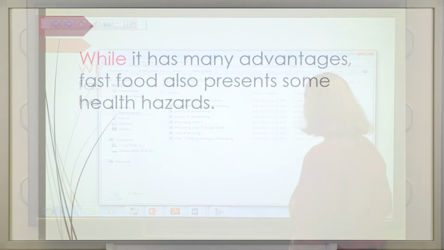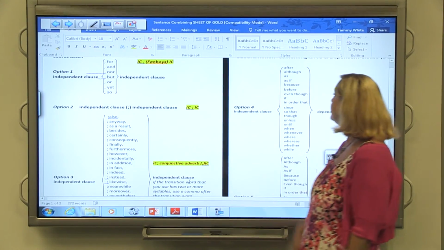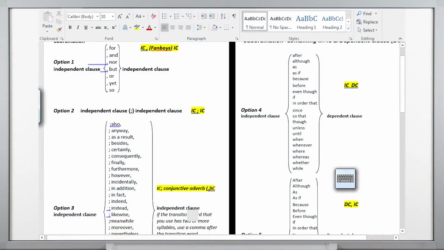So if we review, what we are going to see is if we use one of these dependent words, we are creating a dependent clause. We cannot have a sentence with a dependent clause by itself. We want an independent clause and a dependent clause. If that dependent word starts my sentence, I am going to have a comma at the end of the dependent clause.